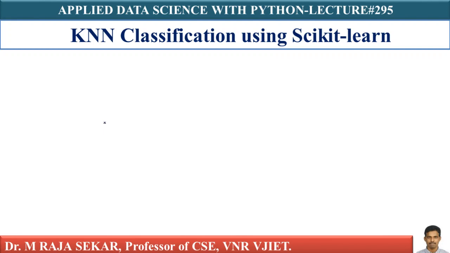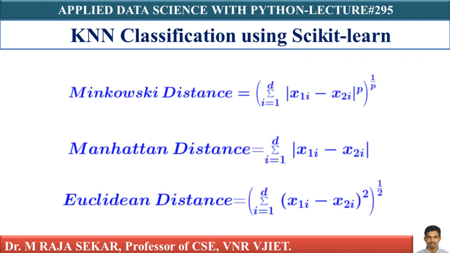Before understanding the implementation details, let me recall a few distances. There are distances like Minkowski distance, Manhattan distance, Euclidean distance. In future classes, I will discuss these in detail.